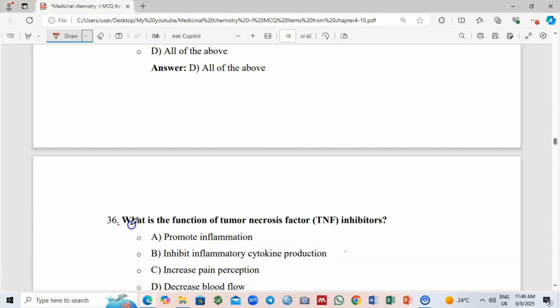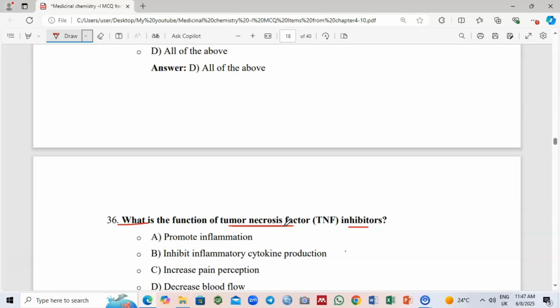Question number 36. What is the function of tumor necrosis factor or TNF inhibitor? A. Promote inflammation. B. Inhibit inflammatory cytokine production. C. Increased pain perception. D. Decreased blood flow. Before seeing the function, it's very nice to define tumor necrosis factor. TNF is a cytokine involved in systemic inflammation and is a part of the immune response.